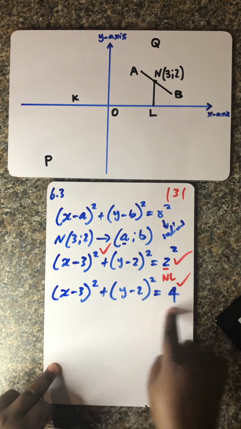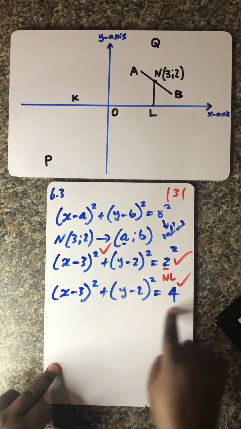I'm pretty sure that if we can find the coordinates of K, then we'll be able to determine the length. Let's just double check what the question wants. Calculate the length of KL. So that means we'll be able to determine the length from there all the way up to there.